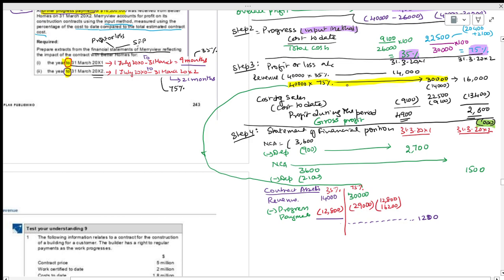In the second case, how much are they going to receive? They have completed the work of 30,000. They have received 29,000. They are yet to receive 1,000.